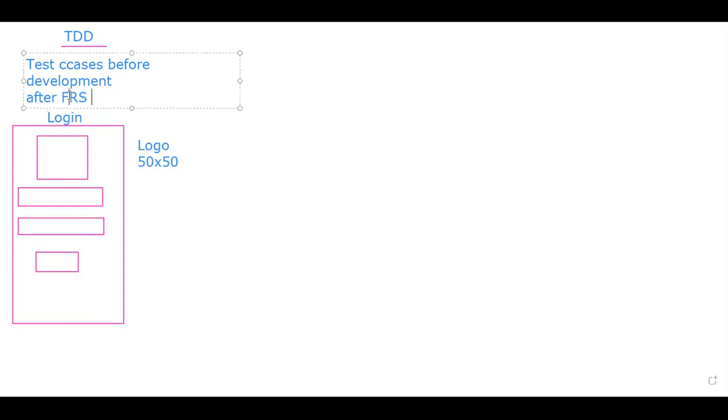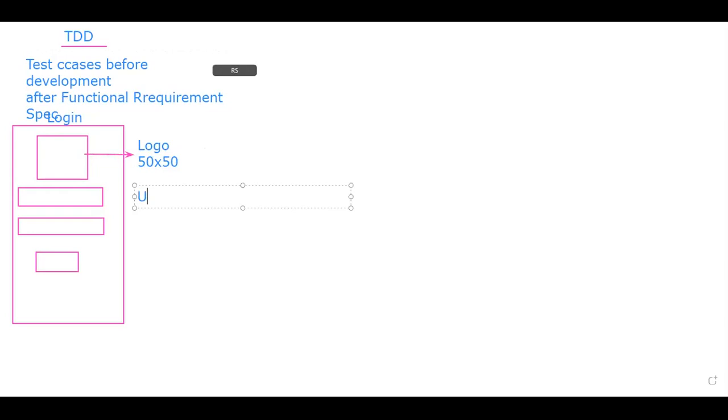Different companies have different terminology, but it is a requirement document from the customer. So he will point exactly that the logo will be 50 by 50. The field name should be USER NAME in caps, and the length should be 20.